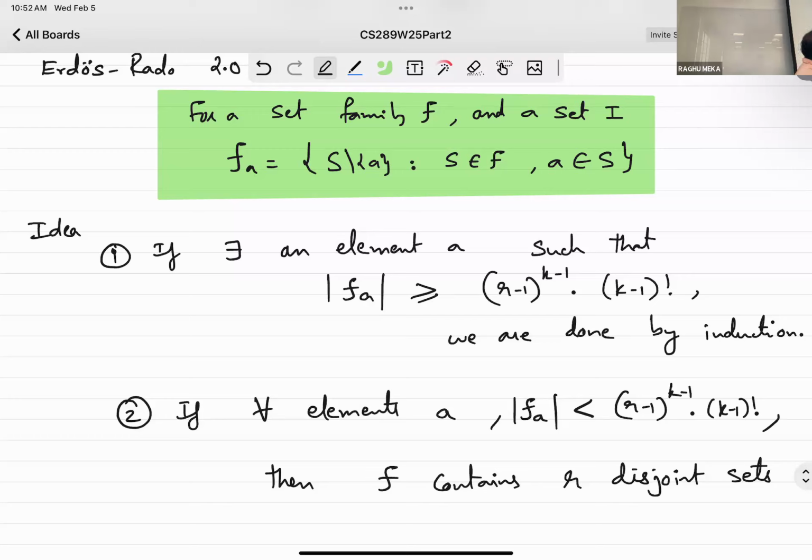And what should I define here? What would be the analogous set family to look at? F_I should be just like the exact analogy to what we were doing with the single element. I want to do it for maybe a pair of elements. So what should I do for that?